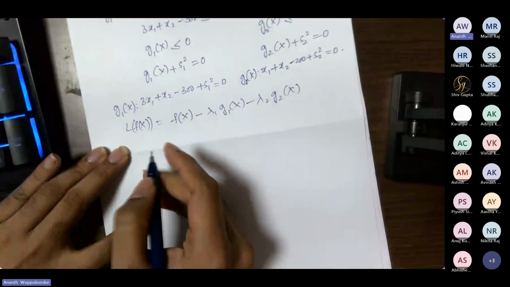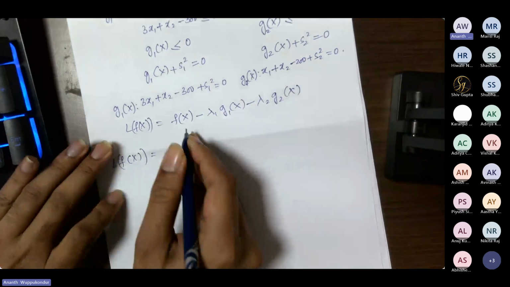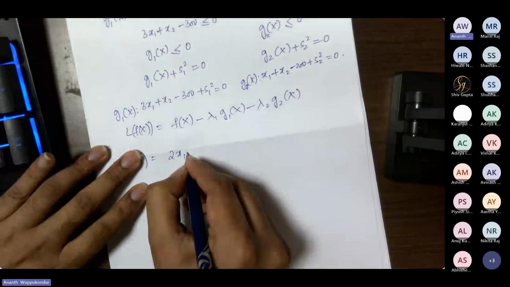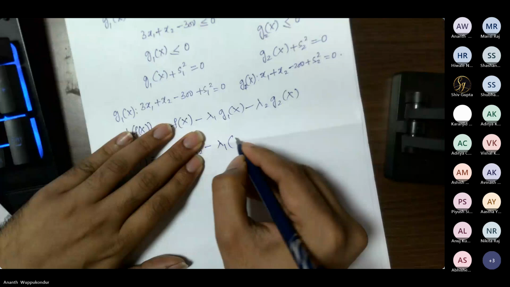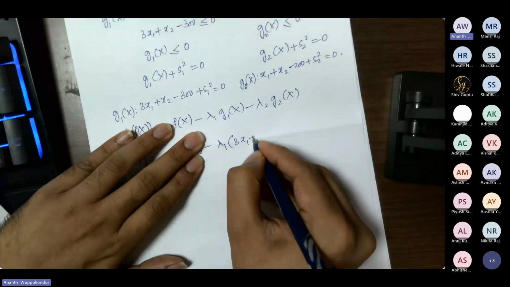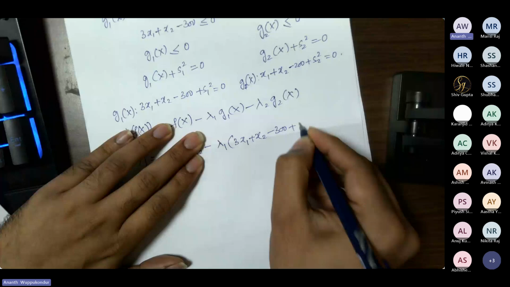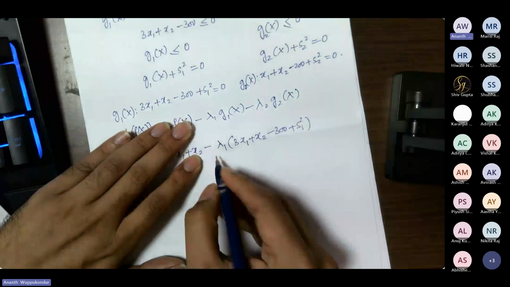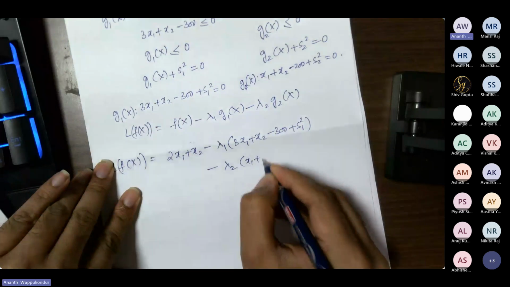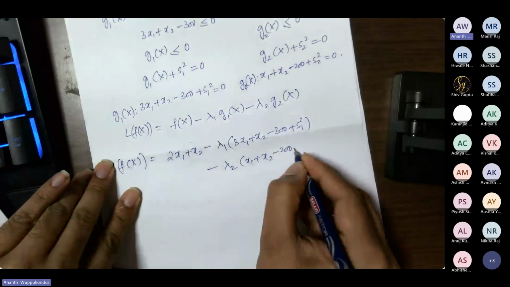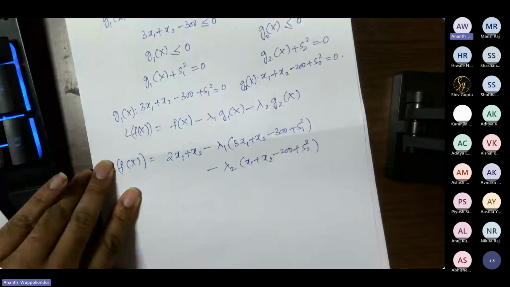So if I write this out, f of x is 2x1 plus x2 minus lambda 1 times (3x1 plus x2 minus 300 plus s1 square) minus lambda 2 times (x1 plus x2 minus 200 plus s2 square). So this is our Lagrangian function.